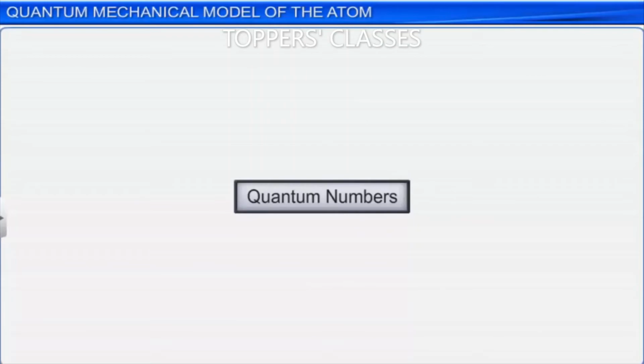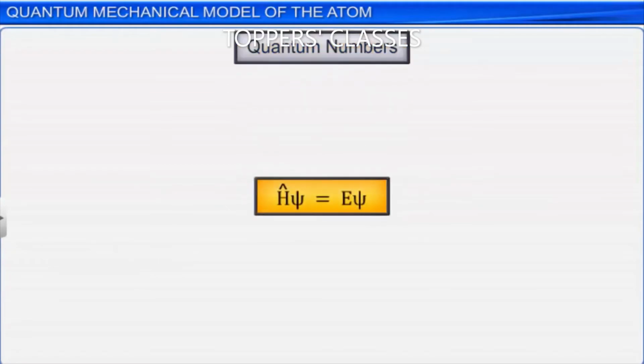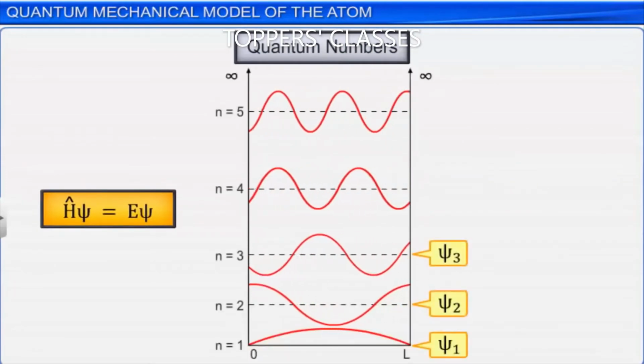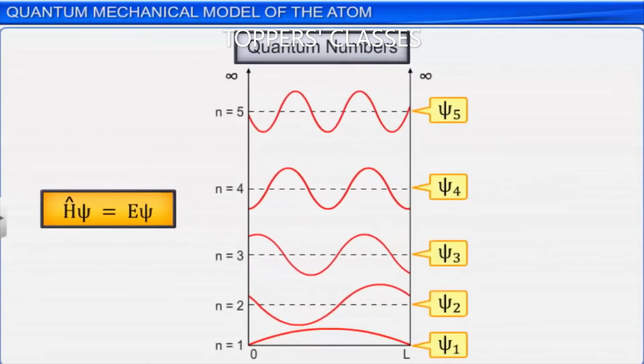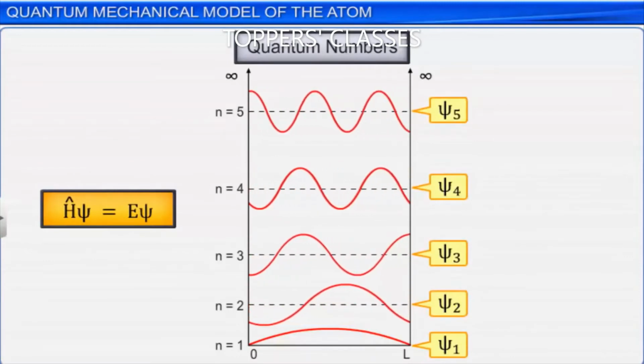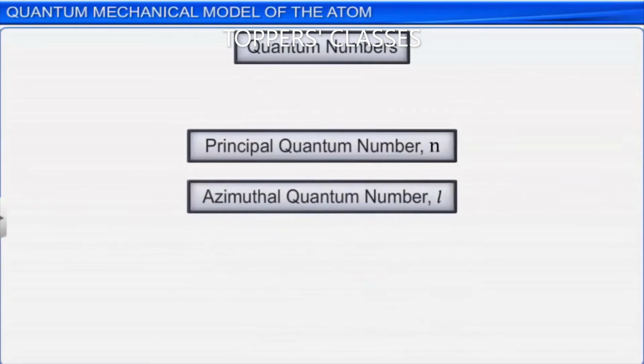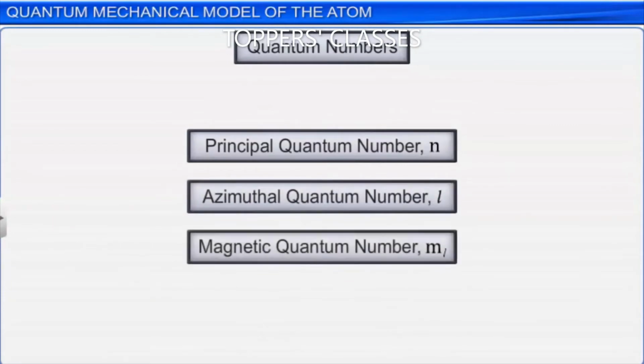Now let us see how the atomic orbitals are distinguished by quantum numbers. On solving Schrödinger wave equation for hydrogen atom, the solution gives quantized energy states and wave functions which are characterized by a set of 3 quantum numbers, which are the principal quantum number, the azimuthal quantum number, and the magnetic quantum number.